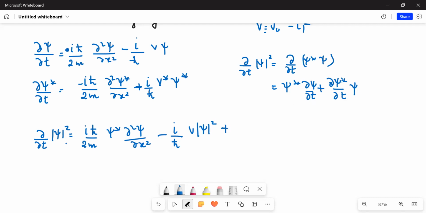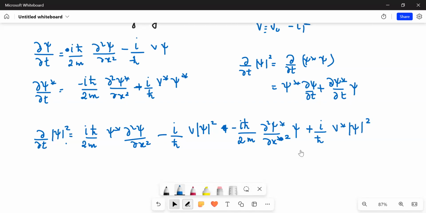Plus this other term, which would be minus iota h bar upon 2m del square psi star upon del x square, and then a psi here as well. Then plus iota upon h bar, you have this V star, and then mod psi whole square.